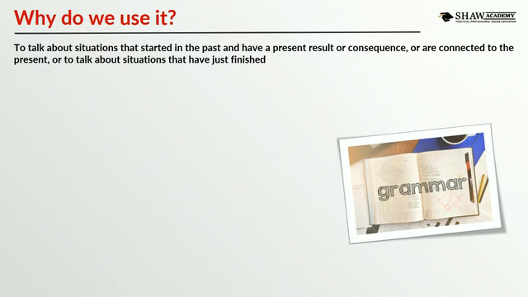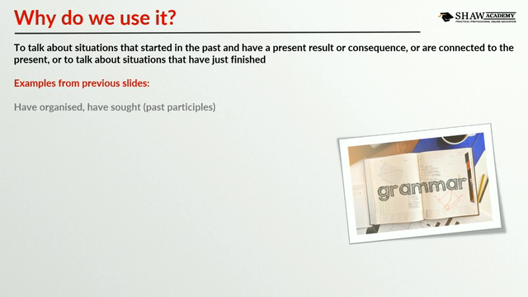We use it to talk about situations that started in the past and have a present result or consequence, or are connected to the present, or to talk about situations that have just finished. Now, that might seem confusing, but don't worry because I'm going to explain it perfectly for you all now.